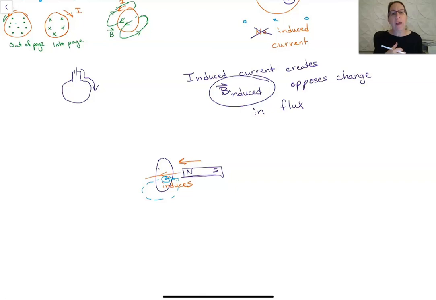It actually repels it as we go along, right? Because it's creating a little tiny North Pole situation, a little bar magnet kind of setup. So it actually opposes the change. So that's another way you can think about it. You get a force here, force that opposes the change. And it gets harder to move it faster. You actually need more energy to move it faster.